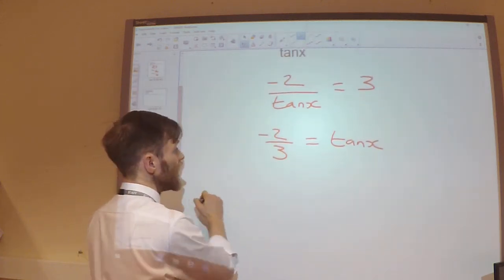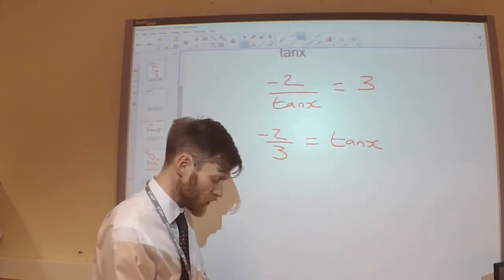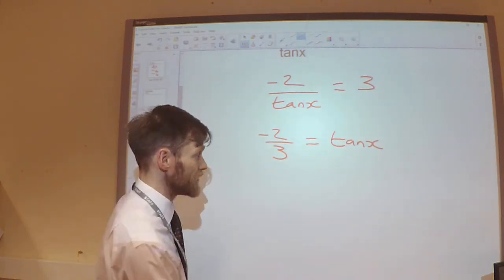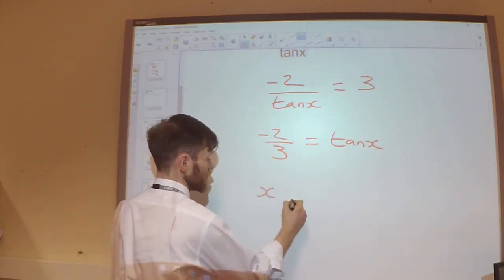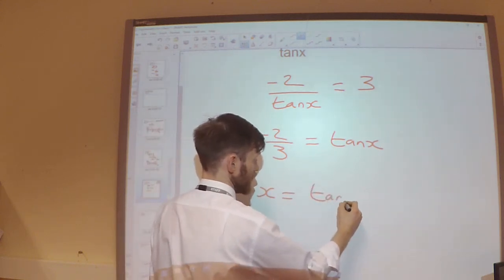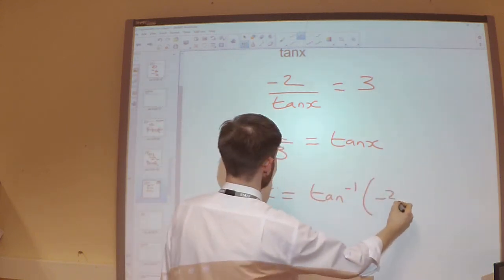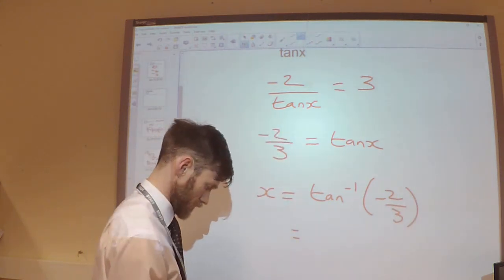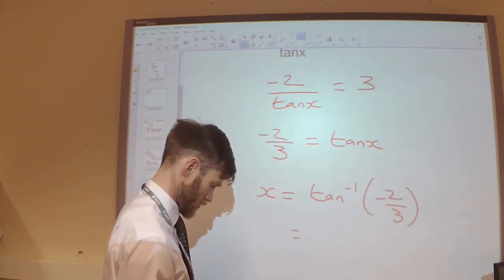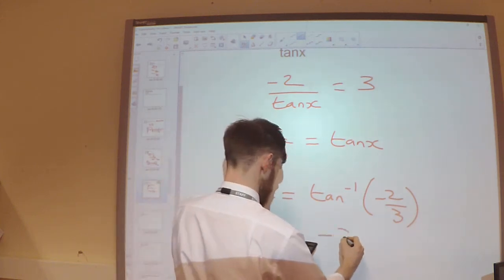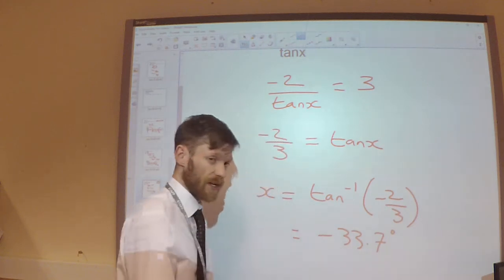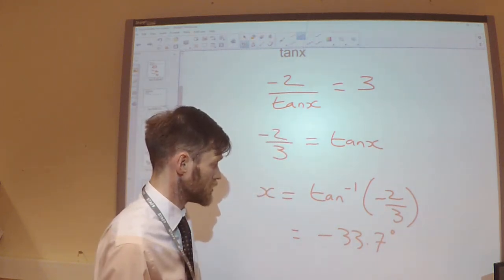This is not an exact value, so I'm going to need to use the inverse tan function here to work out the angle. So I'm going to type into my calculator tan inverse of minus 2/3 and I get minus 33.7 to 1 decimal place.